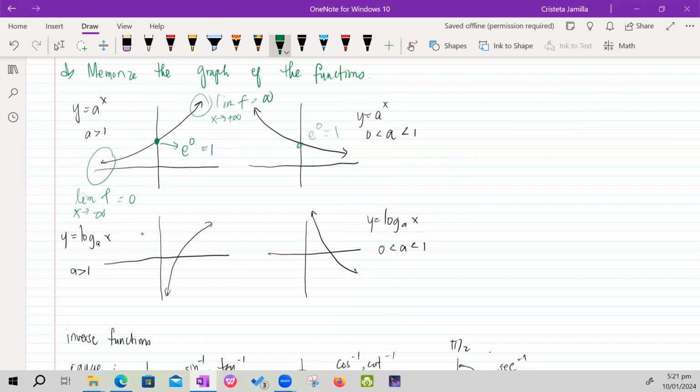And then as x goes to 0, as you can see here, since we don't have any negative numbers and the graph only almost touches the y-axis, that is when x goes to 0 from the right, and the limit would be negative infinity. The other case, when a is between 0 and 1, we have the other graph. As x goes to 0 from the right, the limit now is positive infinity, and as x goes to positive infinity, the limit is negative infinity.